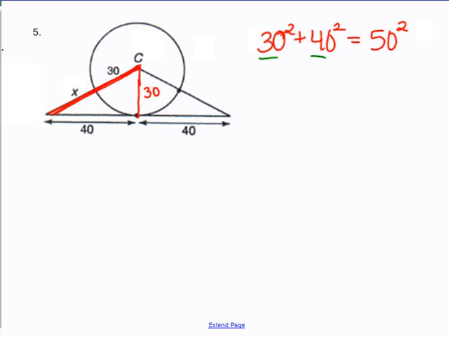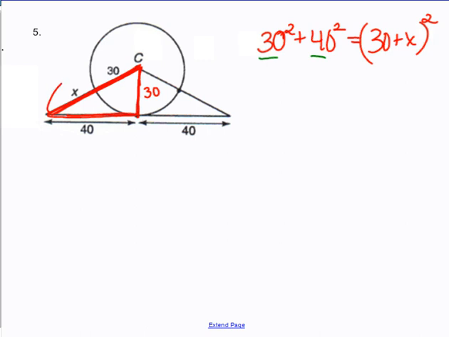Okay, I want to back that up a little bit. I can say that this is 30 plus x squared. And I can do all that math, and I will get the right answer. But what I'm noticing is that this is a 3, 4, 5 triangle scaled by 10.